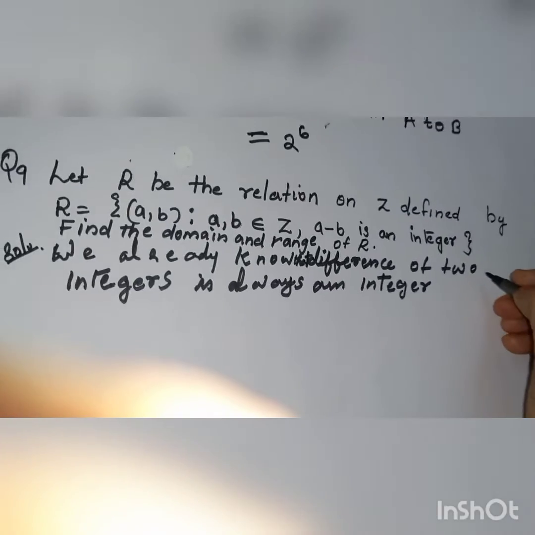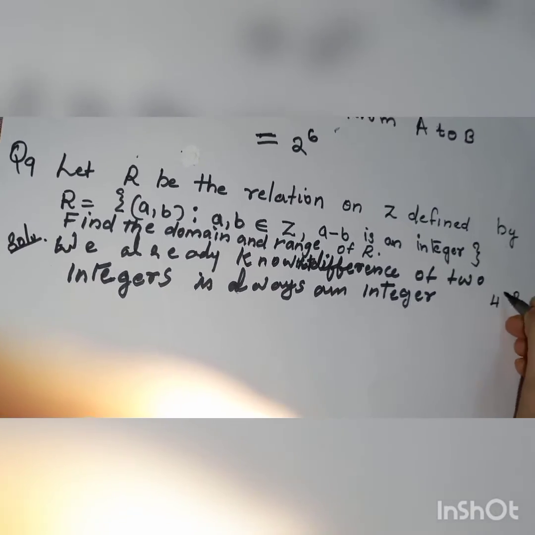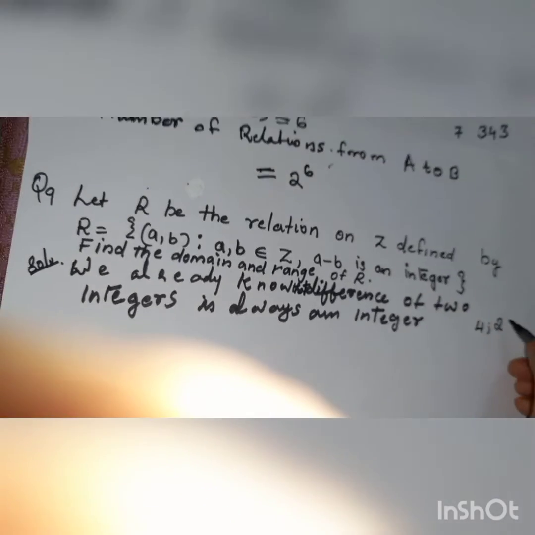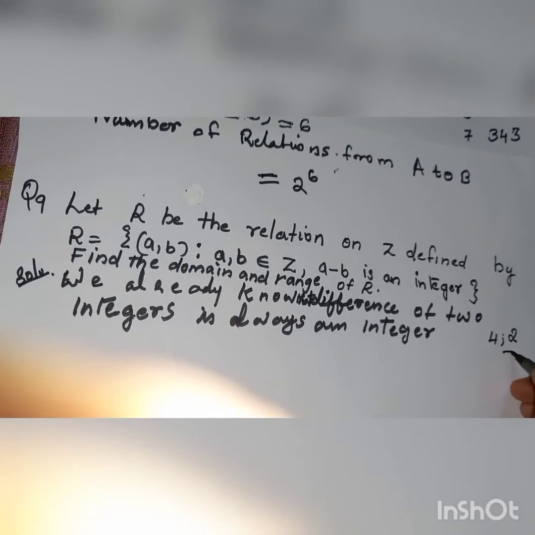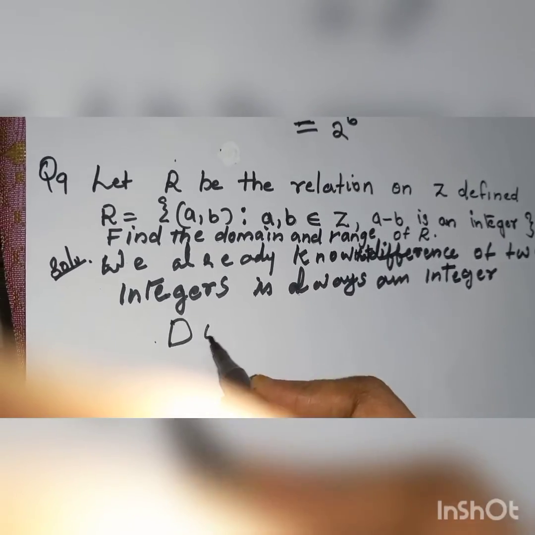For example, 4 minus 2. This 4 is an integer, 2 is an integer. The difference 4 minus 2 is equal to 2. So 2 is also an integer. Example.